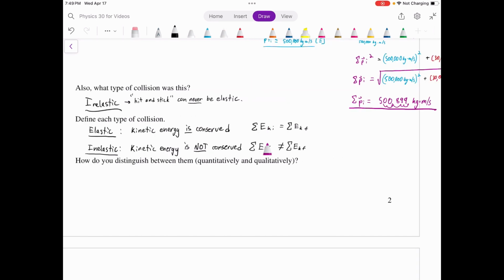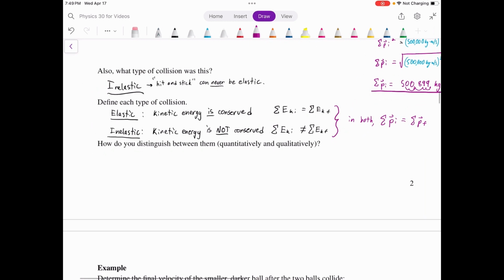But don't forget, in both of these, momentum is still conserved, right? That's what makes conservation of momentum so powerful: even in an inelastic collision, momentum is still conserved. So in both, total initial momentum will still equal total final momentum.